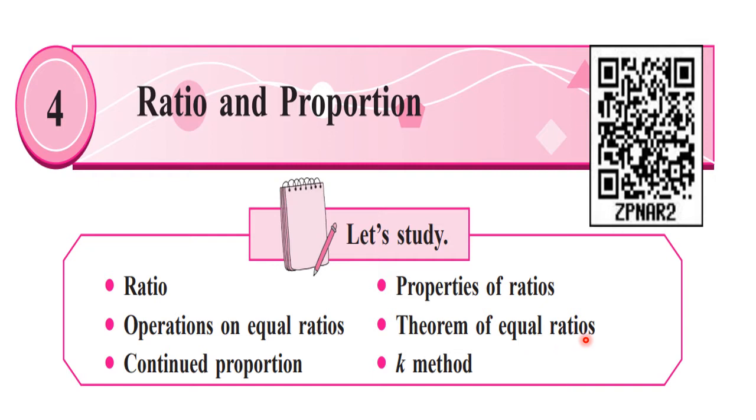Then the theorem on equal ratios. Then we will study the ratio of continued proportion and finally we will learn the K method to solve the problems based on ratio and proportion. So all these topics we are going to study in this chapter.